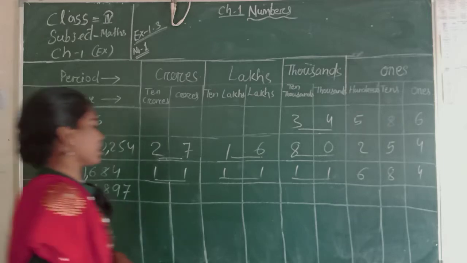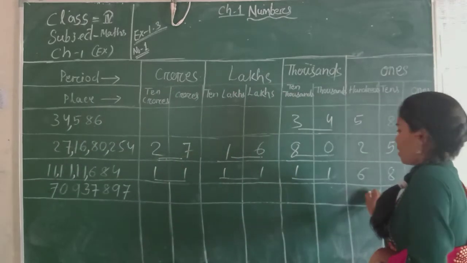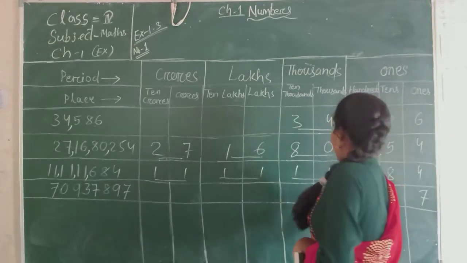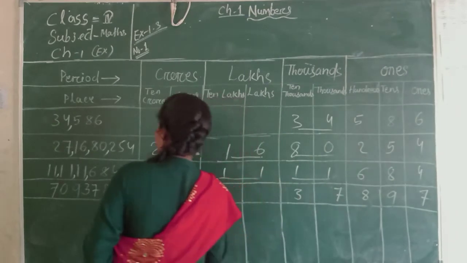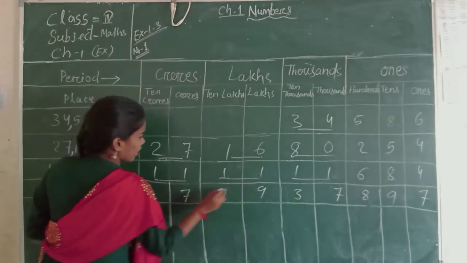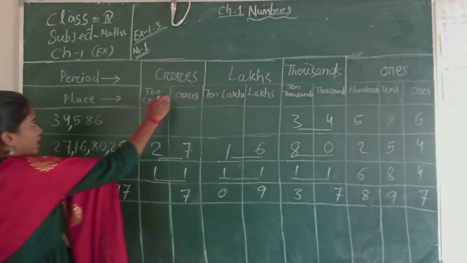Here in one's place there is 7. Next 9. Next 8. Next 7. 3. Next 9. 0 and 7. Okay. Look here.